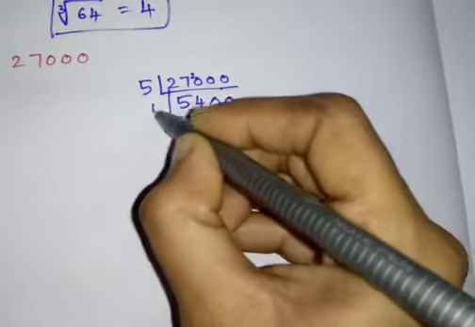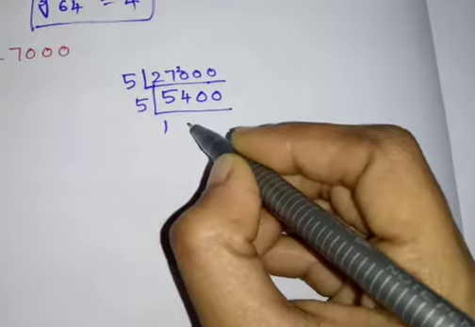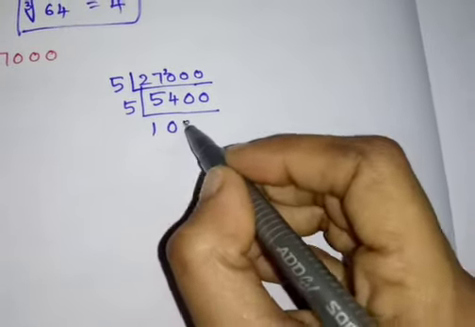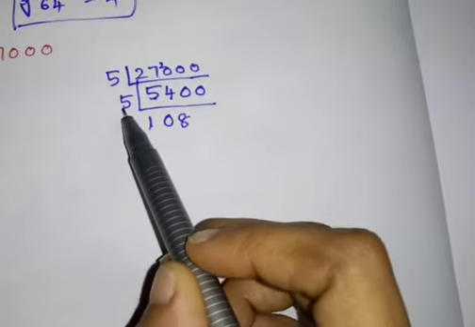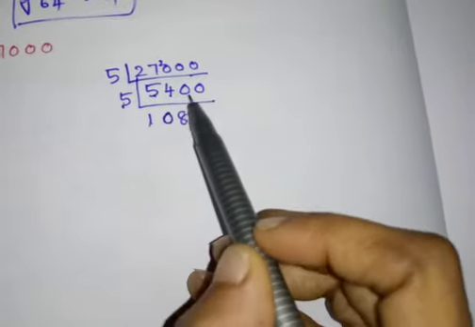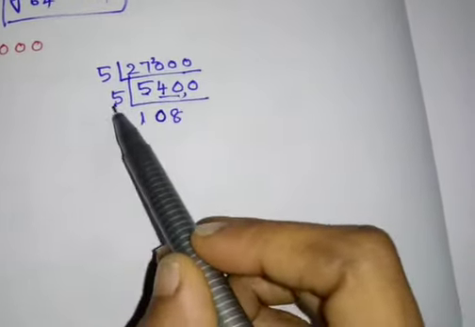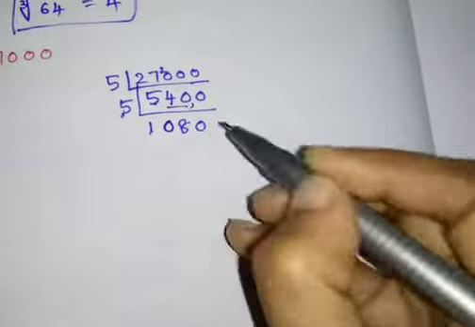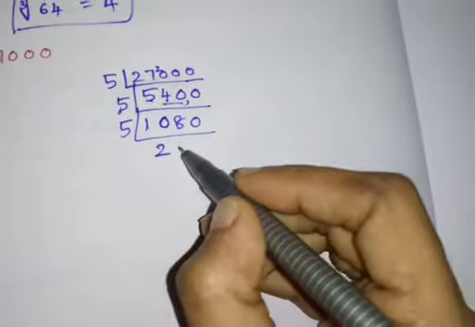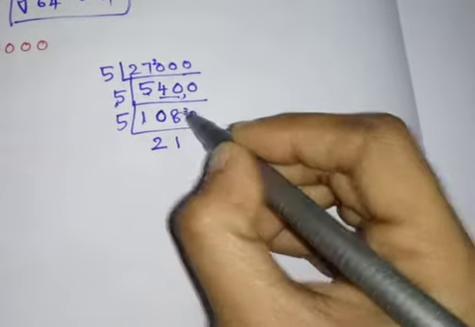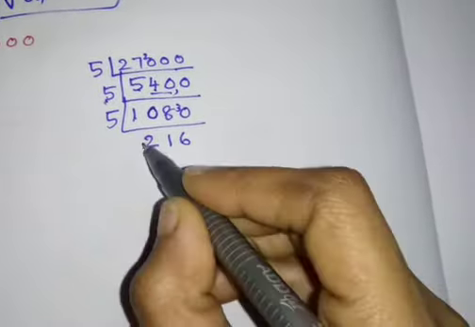Then again in the fifth table, 5 1s are 5, then 0. Now we can't divide 4 by 5, so I'm inserting 0, so it becomes 40. So 5 8s are 40, then 0. Then again in the fifth table, 5 2s are 10, then 5 ones are 5, remainder 3, 6 5s are 30.